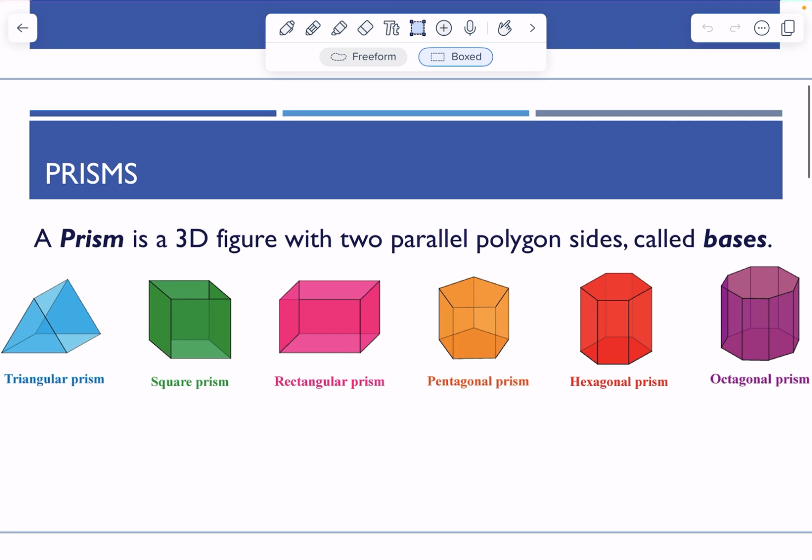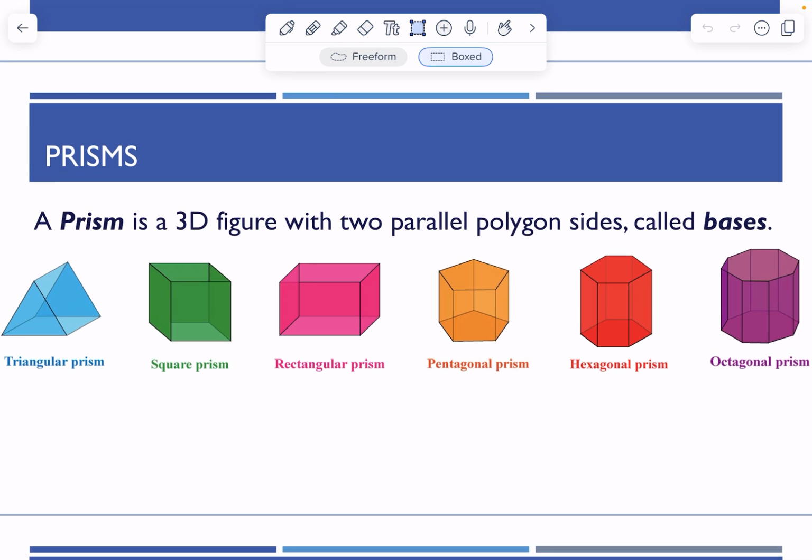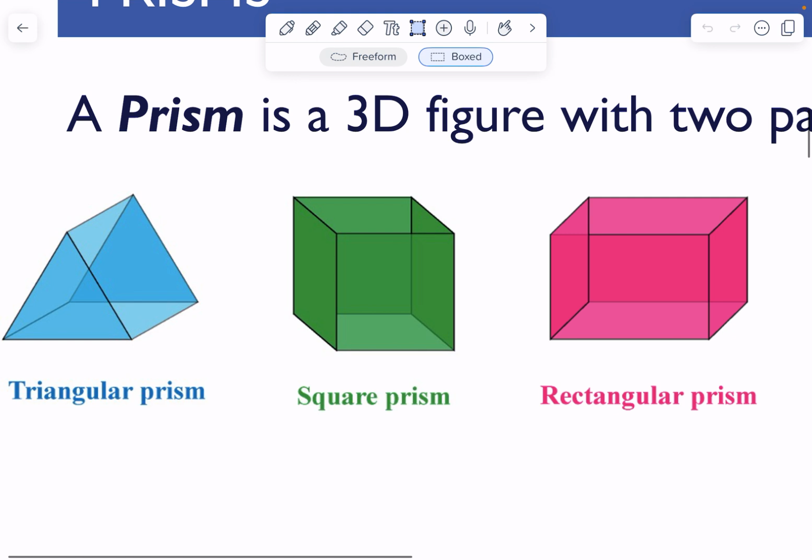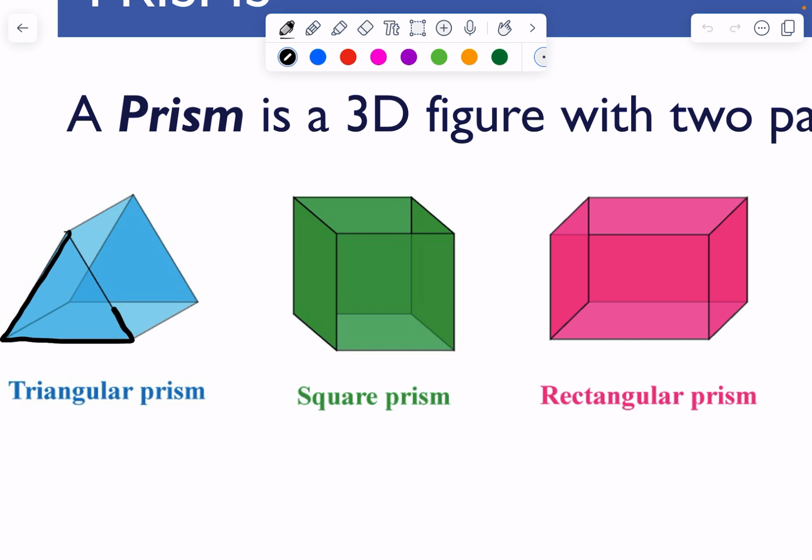A prism is named after the bases. So for example, if we look here at the triangular prism, the base would be the two triangles that are parallel to each other. On a square prism, it would be the two squares.